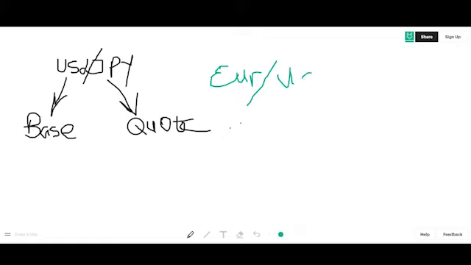Another one is GBP USD. GBP USD is also a major pair. Their spread is very low.